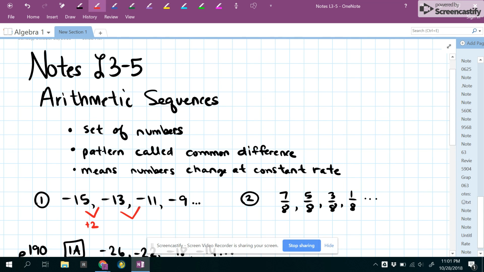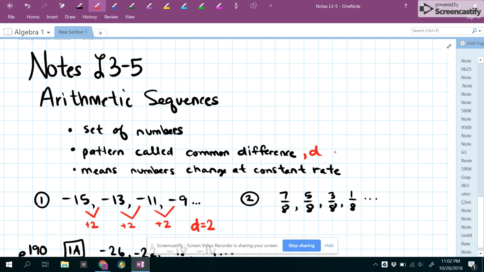You do that again to get from negative 13 to negative 11, and you do it one more time to get from negative 11 to negative 9. So number 1 is arithmetic. It has a common difference of 2. And the abbreviation for common difference is D. So D equals 2.